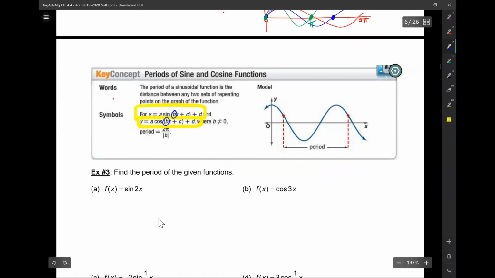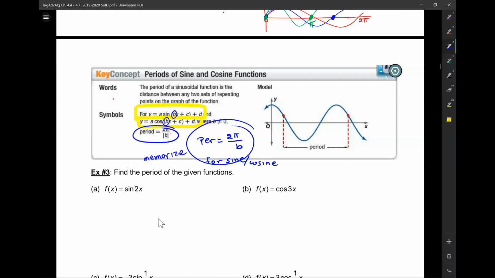In fact, in order to find the period, it's always 2 pi over B. So period is 2 pi over B for sine and cosine. You have to memorize this. All right, so memorize this. That period for sine and cosine is found by doing 2 pi over B.